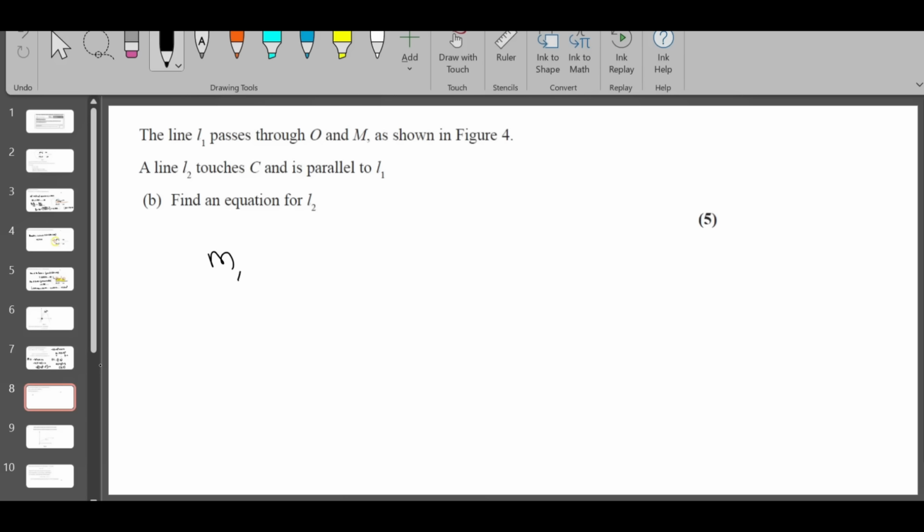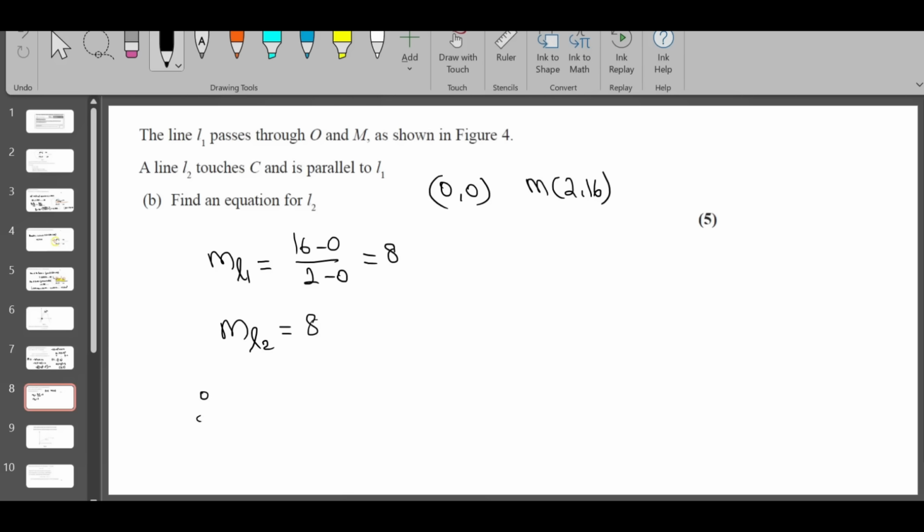The slope of L1 is, we know the origin and the point M, which is 2, 16. So y2 minus y1 over x2 minus x1 is 8. Since L2 is parallel to L1, the slope of L2 is also 8, right? Therefore, we can write the equation of L2 as y is equal to 8x plus c.